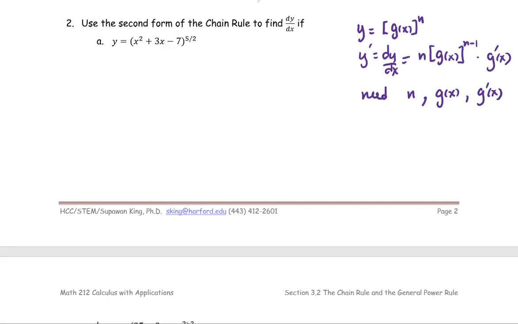For this case, you have g(x) as x squared plus 3x minus 7, and n, or the power, is 5 over 2. So your y is in the form of the quantity g(x) to the power 5 over 2.